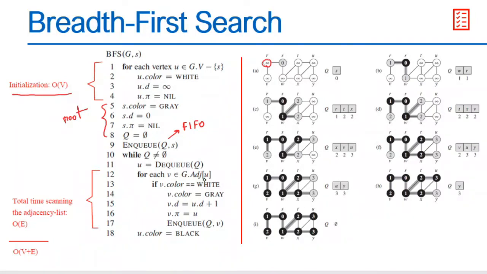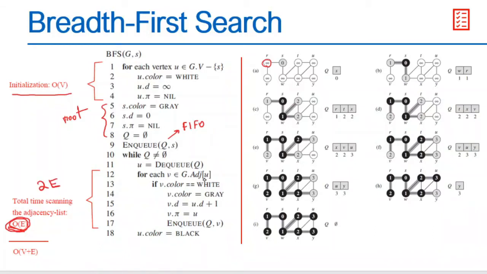Also, we see here a for loop in lines 12 to 17, and the number of iterations of this loop is upper bounded by the number of edges. If the graph is not directed, it will be 2E.